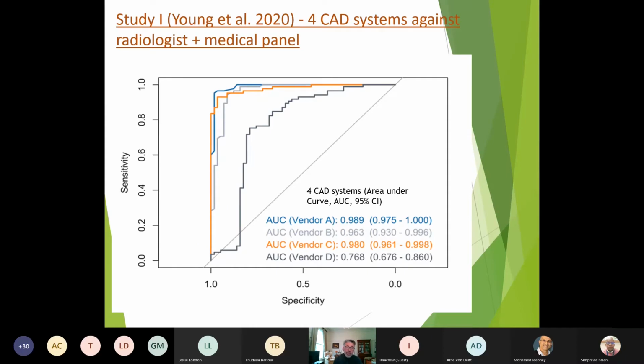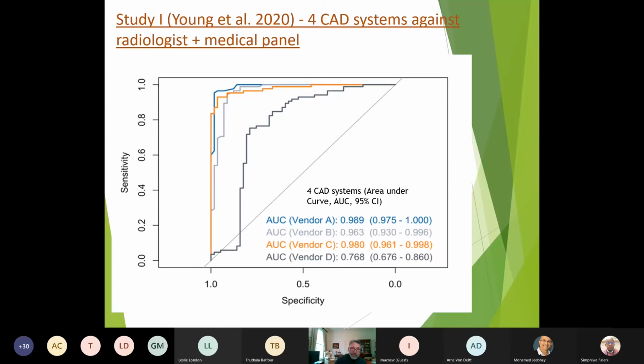Looking at these 4 vendors, 3 of them achieved very high agreement, 0.98, 0.96, 0.98, and 1 somewhat less, for the ability of the CAD to distinguish tuberculosis against normal. I should have explained, the reference system here is a radiologist plus a medical panel at the Medical Bureau for Occupational Diseases. So that was last year.